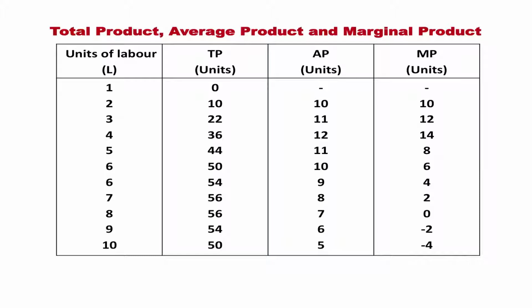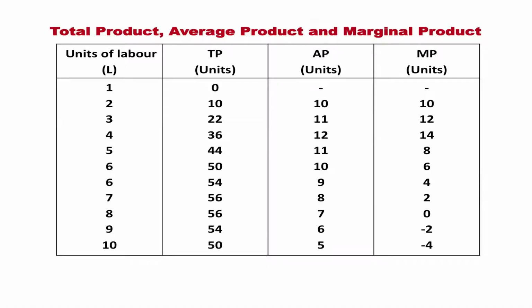At this level, as I just explained, we get 10 units of output, and AP, which is TP upon L, is equal to 10 as well, because it is 10 divided by 1. Now, if we have to calculate MP, we always deduct or subtract the existing total product from the previous one to get the MP.